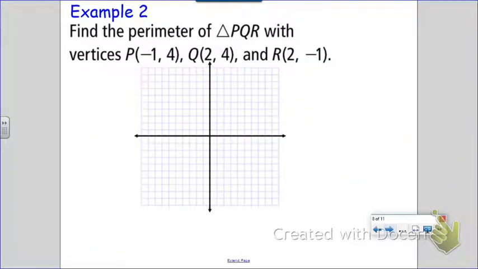Finding the perimeter of a shape with the vertices given. First thing I'll do is plot the points. P is at -1, 4. Point Q is at 2, 4.